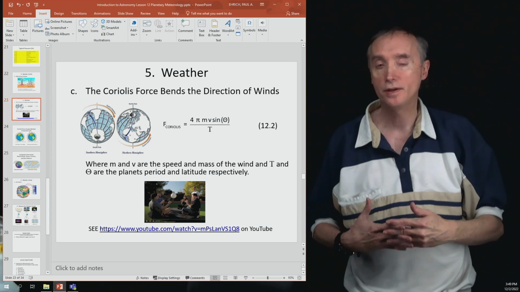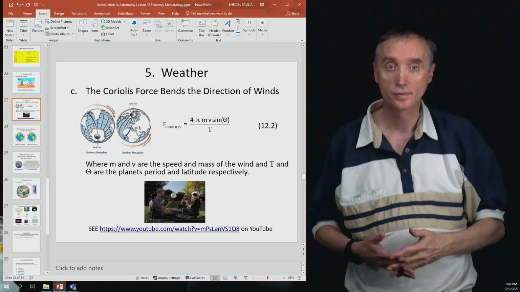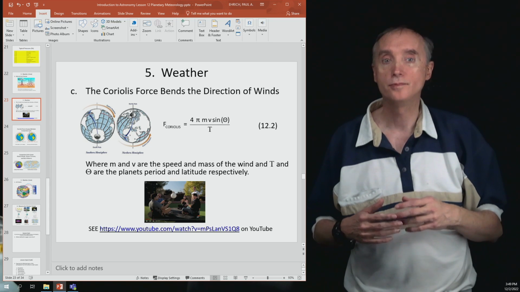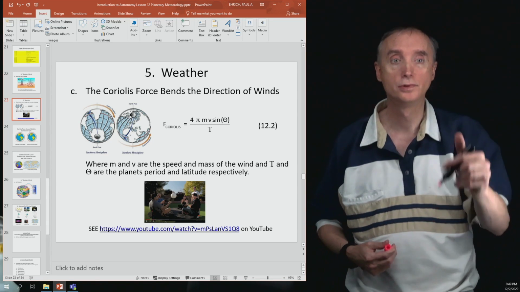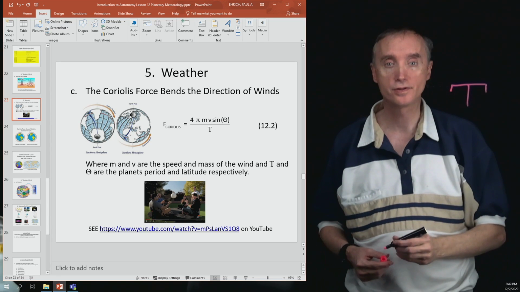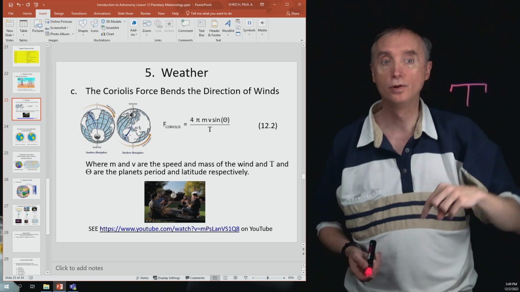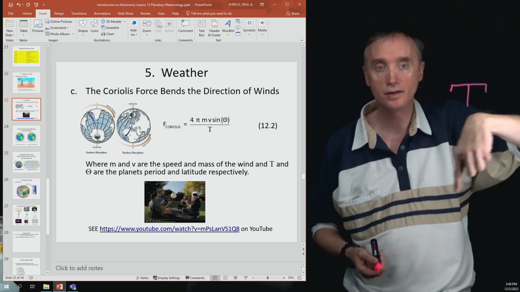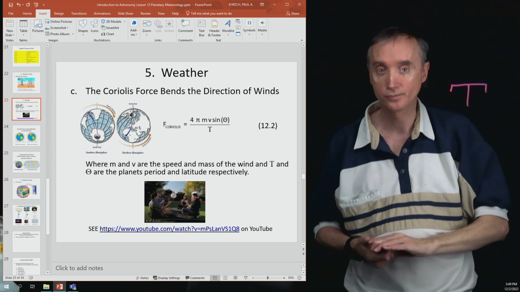V is going to be the speed of the object. Then that T-like thing is not T, it's tau, the Greek letter. That's the period, how long it takes the planet to make one complete rotation.